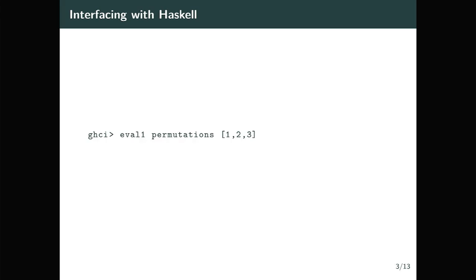Basically, we provide such eval functions. In this case, it's an eval1 for a unary function. You can, of course, generalize these functions using, for example, Template Haskell or something like that. And we remember that permutations was now, in this transformed setting, a function that takes some kind of monadic argument and returns some kind of monadic result.